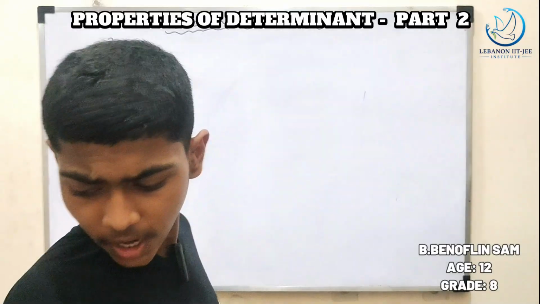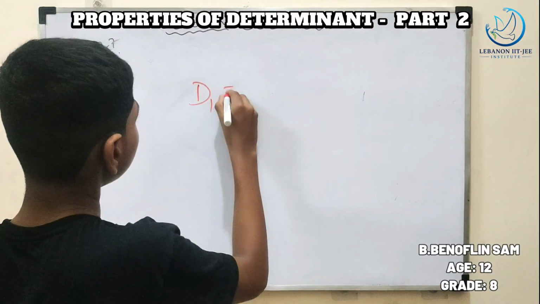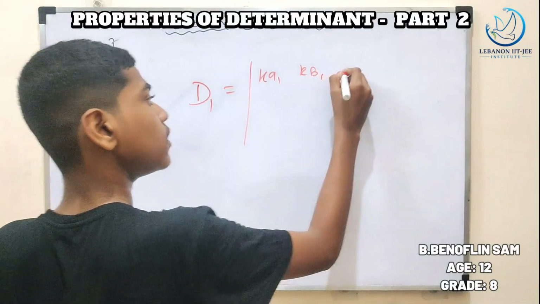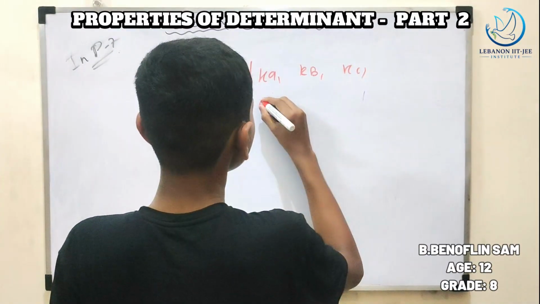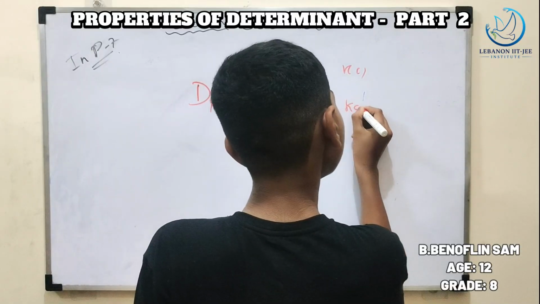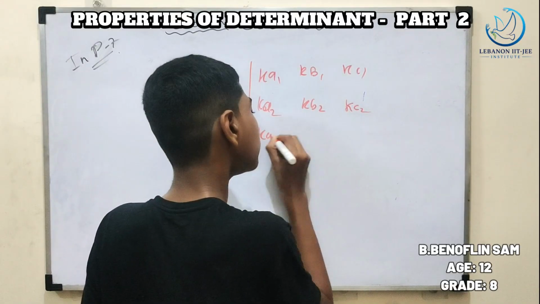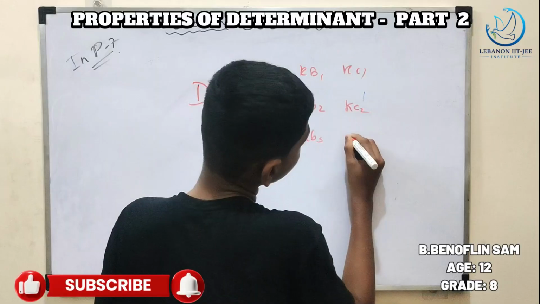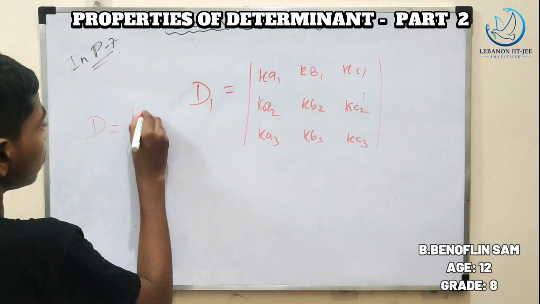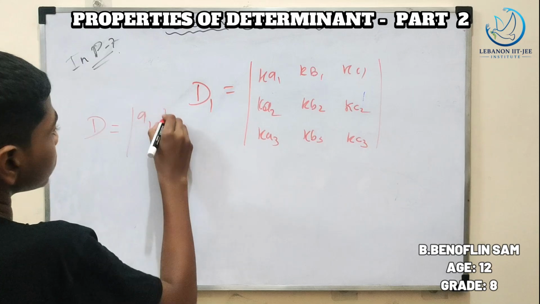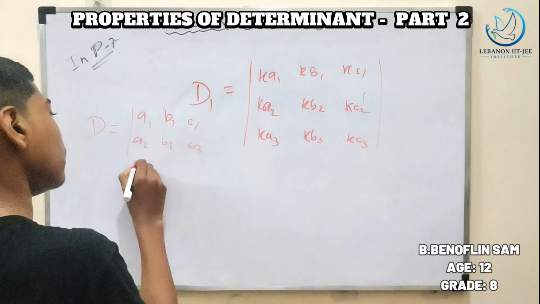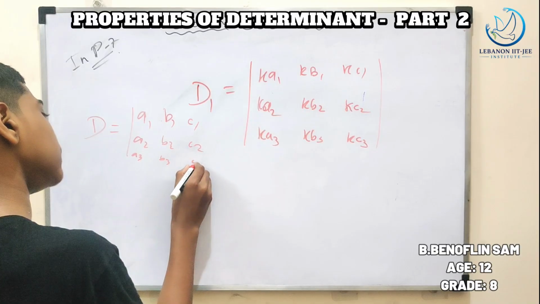So if they ask like D1 is equal to KA1, KB1, KC1, KA2, KB2, KC2, KA3, KB3, KC3, and the D is equal to A1, B1, C1, A2, B2, C2, A3, B3, C3.